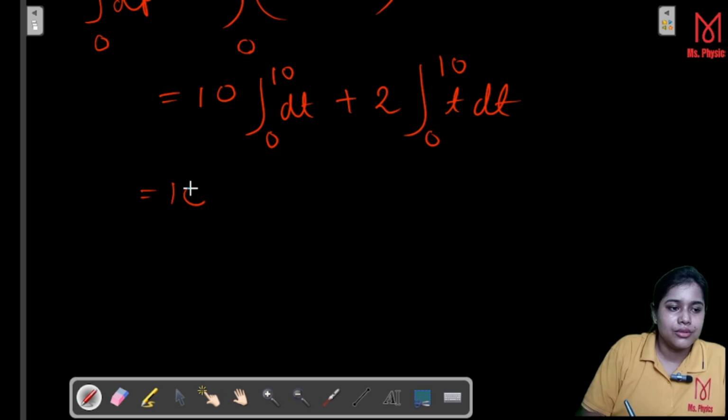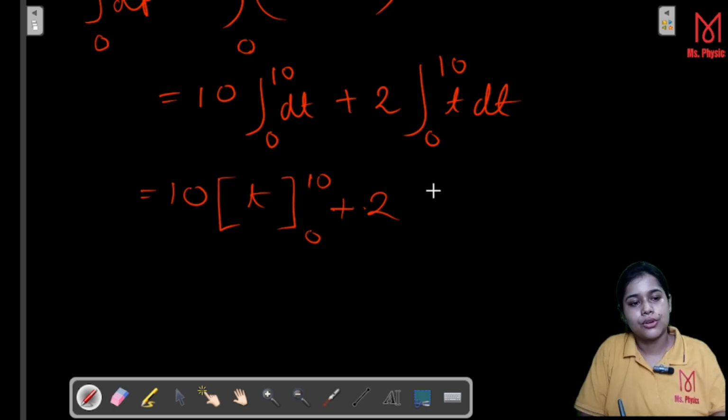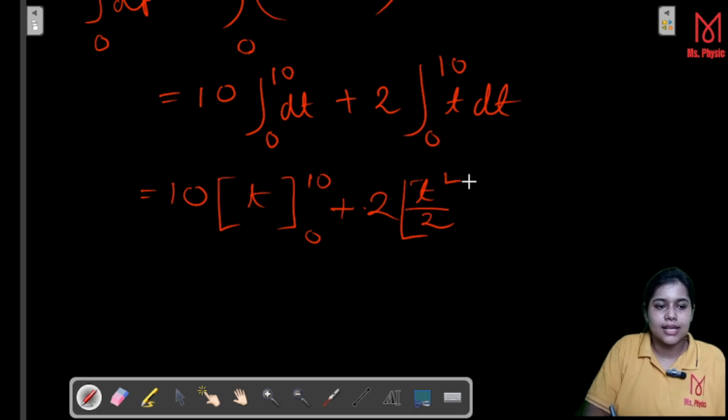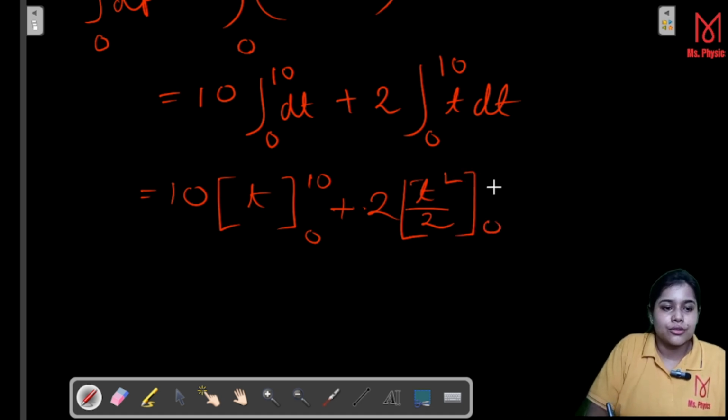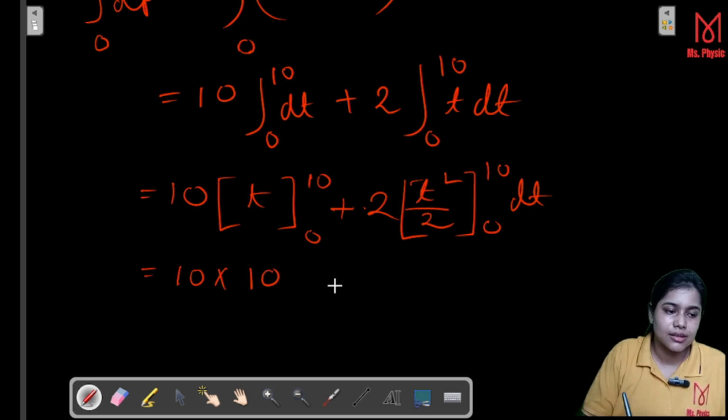Is equal to 10 times t, 0 to 10, plus 2 times, here it will be t to the power n, n means 1, so t square over 2, 0 to 10. So finally, 10 multiplied with 10, and here the 2 is gone, so 10 square.